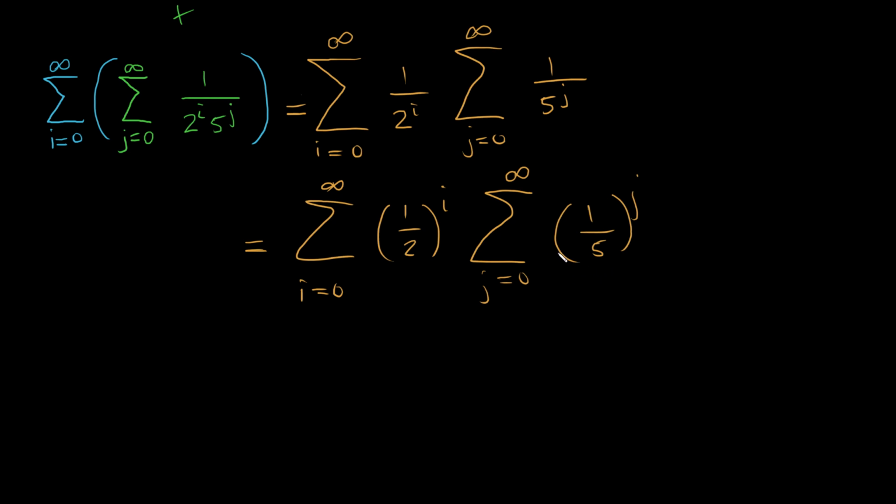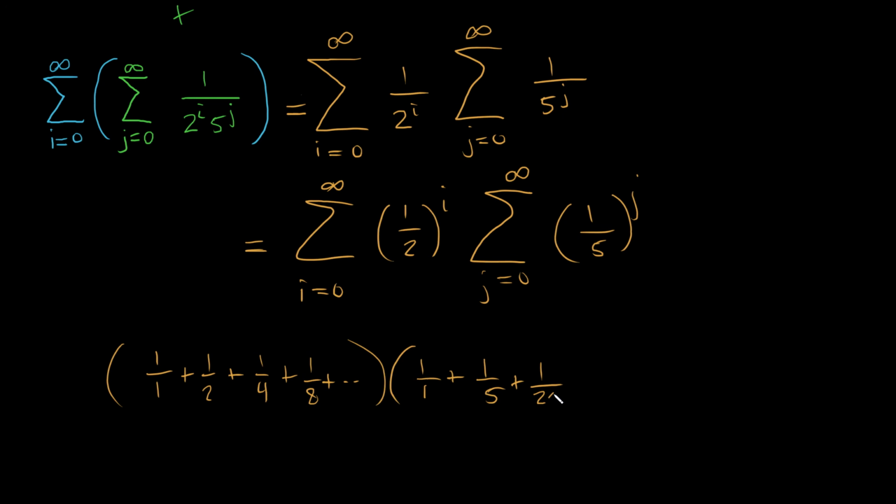Specifically, the first one is just 1 over 1 plus 1 over 2 plus 1 over 4 plus 1 over 8 all the way on. And then this second one is just 1 over 1 plus 1 over 5 plus 1 over 25 plus 1 over 125, on and on and on.